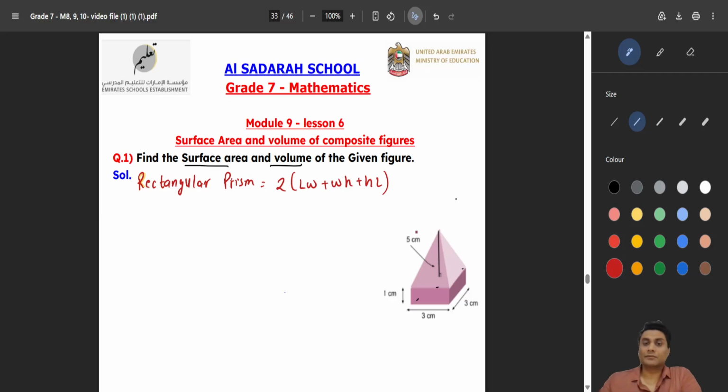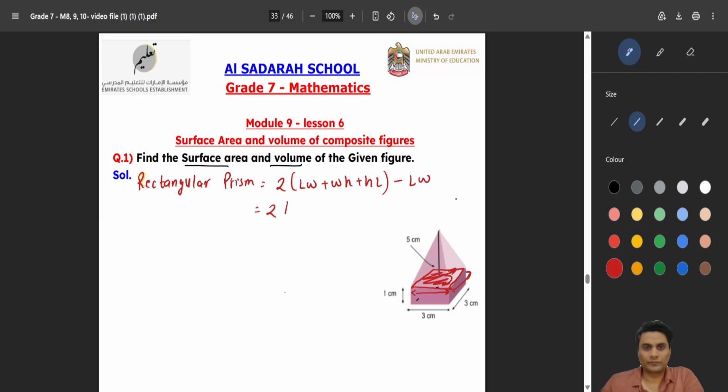Now this is for the complete rectangular prism, right? But you know that you will not take this surface at the top, yes or no? So from the total surface area we have to subtract this one. What will be the area of this one? The length times the width, correct? So minus length times the width.